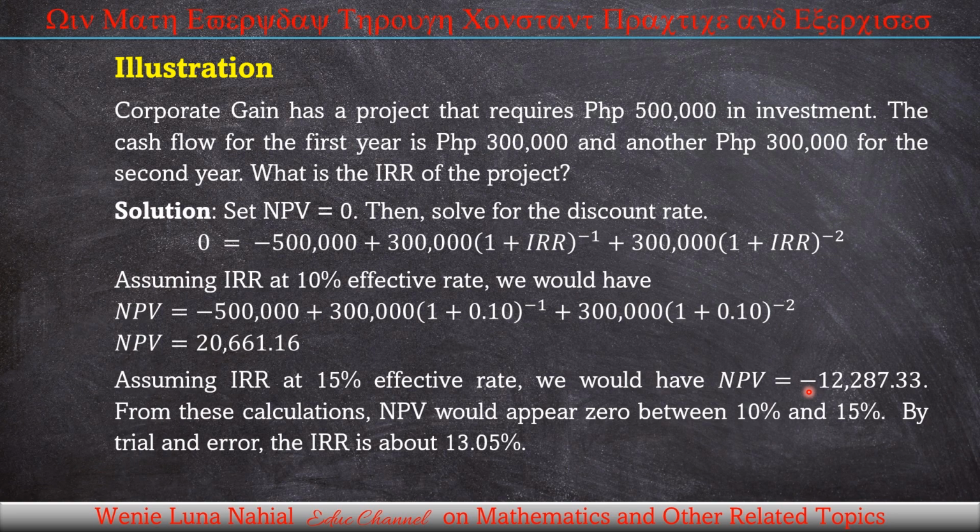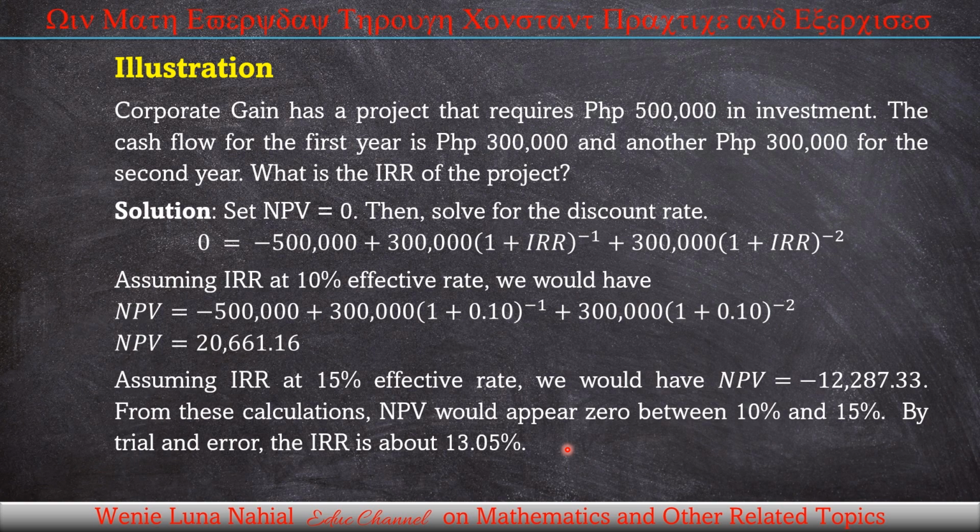So all we have to do now is to do some calculations until such time that our net present value would appear between 10% and 15%, because at 10% you have 20,661.16 and at 15% effective rate you have negative 12,287.33. So zero, that is our goal, to have our NPV appear zero.